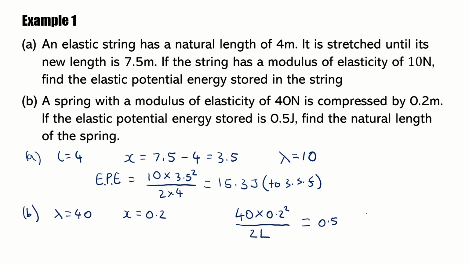If we times both sides by 2L to eliminate the denominator, that will give us that 40 times 0.2 squared is equal to just L, because you'd have 0.5 times 2L, and then if you type that into a calculator, that's telling us that L has got to equal 1.6 meters. And we didn't have to do any rounding that time, so that is the final answer. So watch out with the wording there.